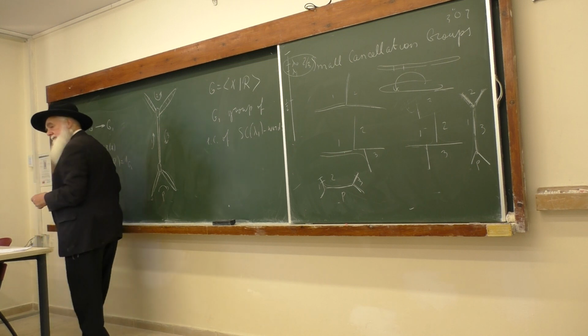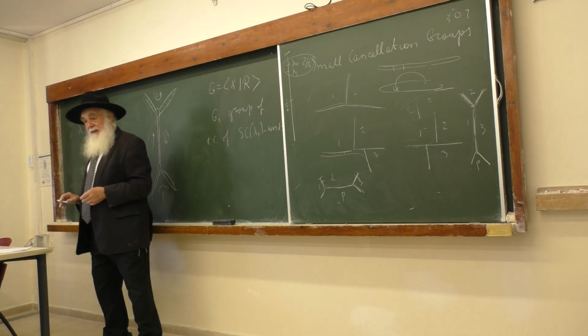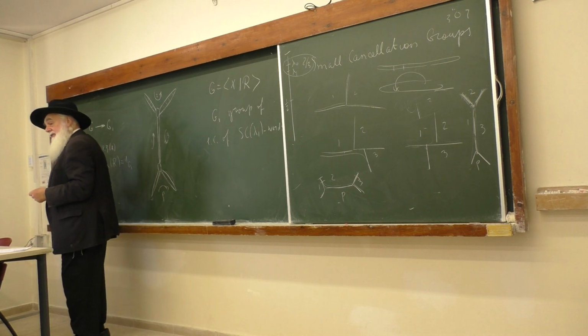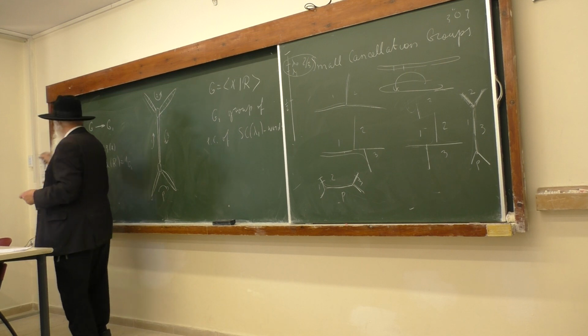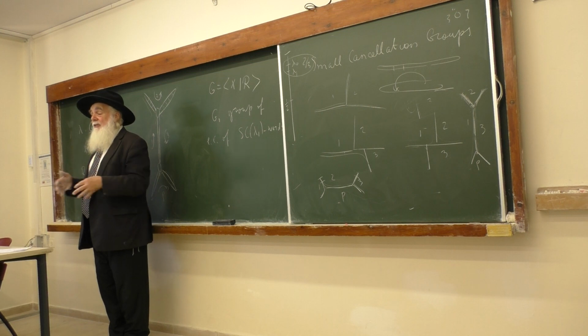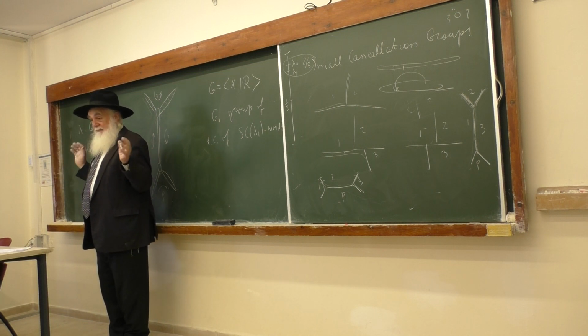This is what we have to check. Because the group G is given by generators and relators, we define it on the generators and check that it sends all the relations to 1. Let's check it.